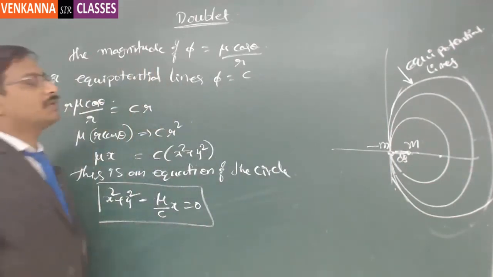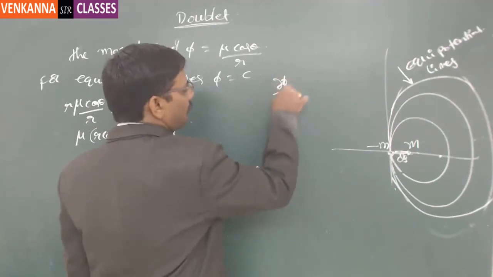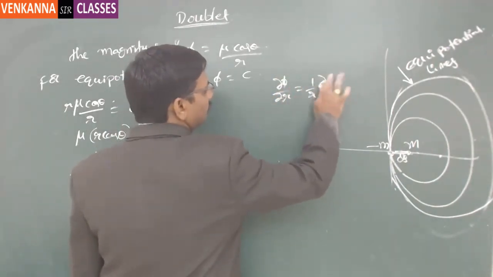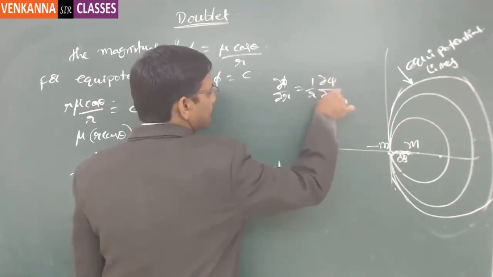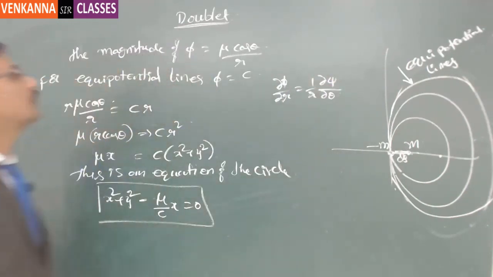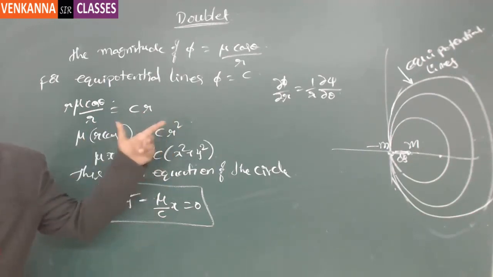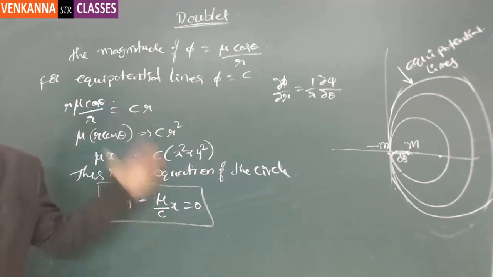So we know the Cauchy-Riemann equations: dou phi by dou r is equal to 1 by r into dou psi by dou theta. The phi value we got is mu cos theta by r. We calculate dou phi by dou r and equate it to dou psi by dou theta into 1 by r. From there we can integrate and get the value of psi. So note this down.